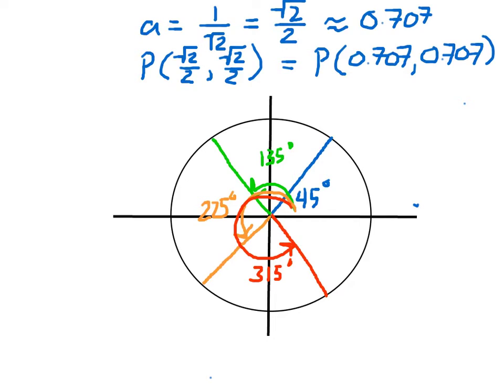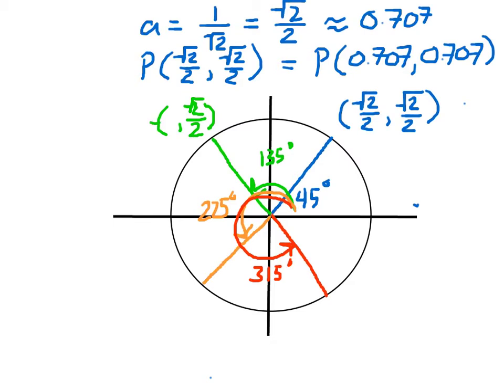Remember that we know the coordinates of the point at 45. They are square root 2 over 2. We know that the y-coordinate of 135 is going to be the same as the y-coordinate of 45. And that's a positive square root 2 over 2, because sine is positive in the second quadrant.